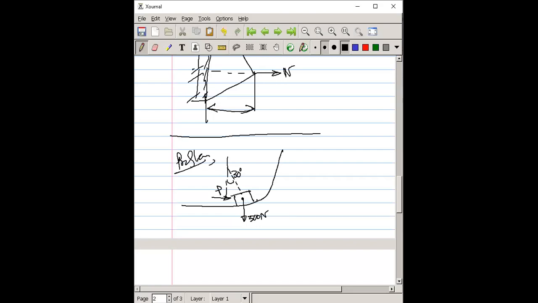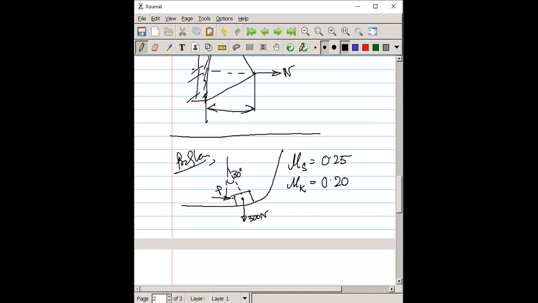Now consider the coefficients. I have already shown you that one is the coefficient of static friction, one is the coefficient of kinetic friction, right? So consider the coefficient of static friction is 0.25 and the coefficient of kinetic friction is 0.2.